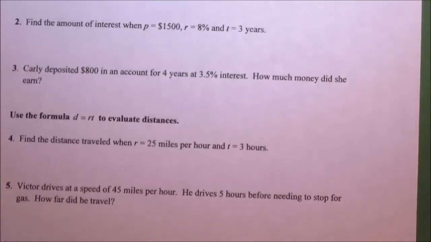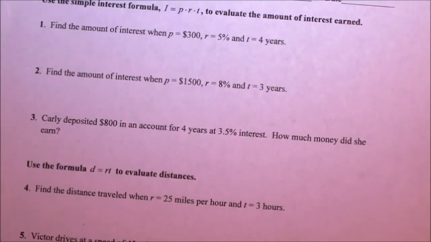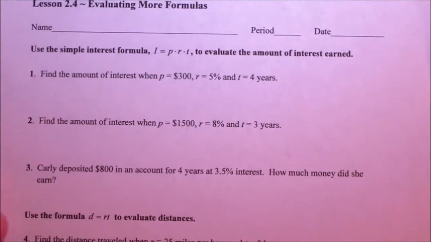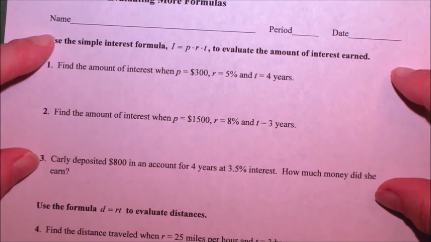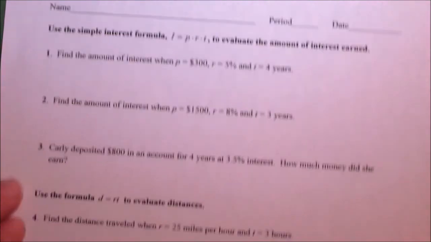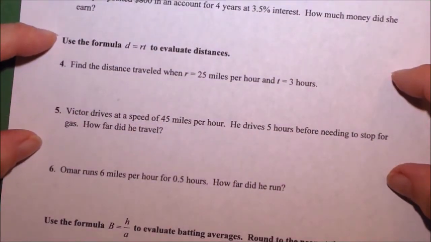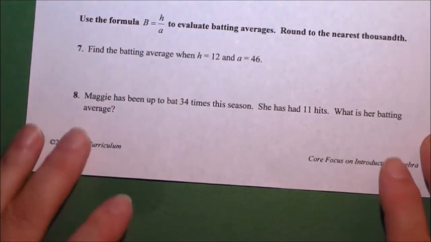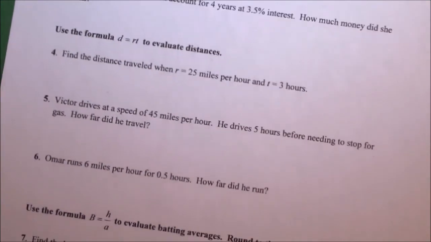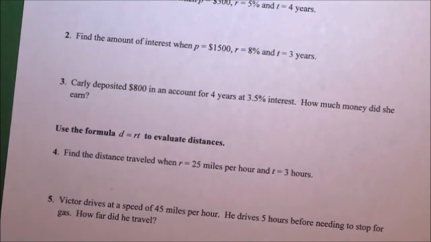Let's take a look at our worksheet for lesson 2.4. Worksheet is divided out into simple interest problems, and they tell you what the formula is, distance problems, and then batting average problems. So you don't have to guess which formula am I supposed to use, though it's usually pretty obvious, I think.